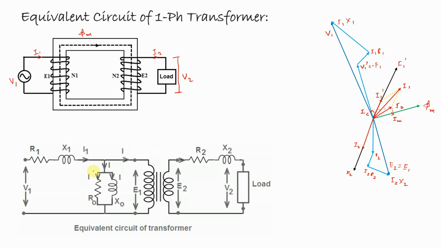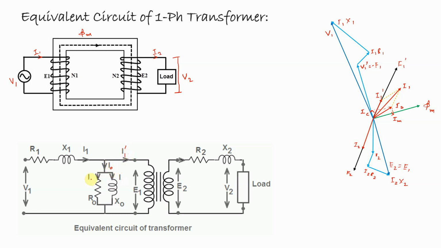So here is the equivalent circuit. V1 is the supply voltage, R1 and X1 are the resistance and reactance of the primary winding. The current flowing in the primary side is I1. I1 is a combination of two different currents. One is called I1 dash, another is called I0, that is the load component of the primary current and the no load current.